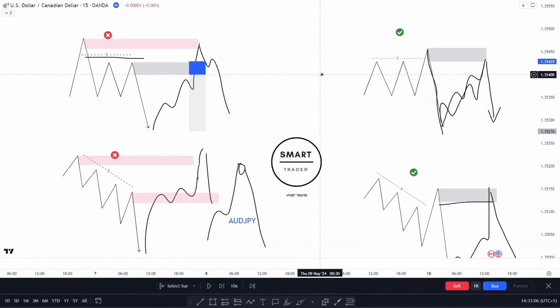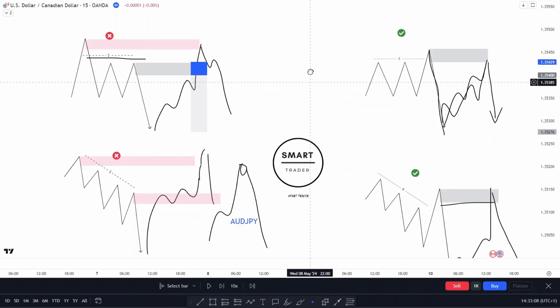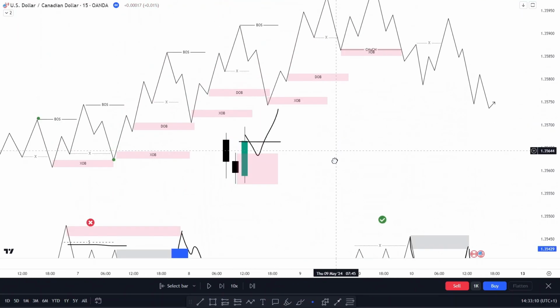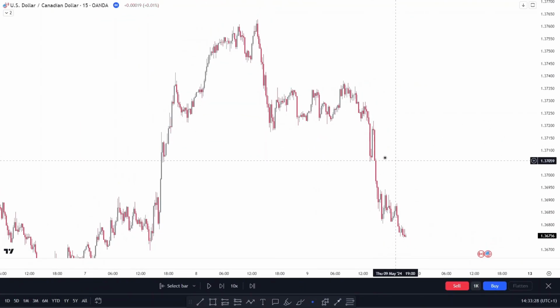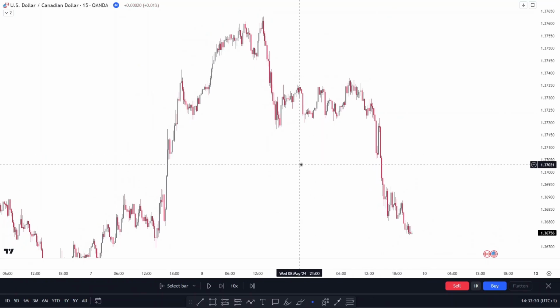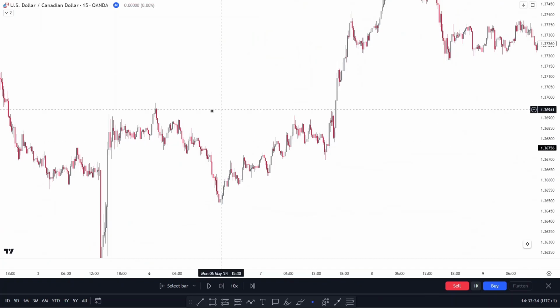All right, so this is just a diagram for explanation, and now let's move to our real chart so that I can give you real examples. So here we are in this real chart. If you have not yet watched my video on how to make your proper structure mapping, I'll leave a link down in the comment section. Then you can watch that video on how to make your structure mapping.